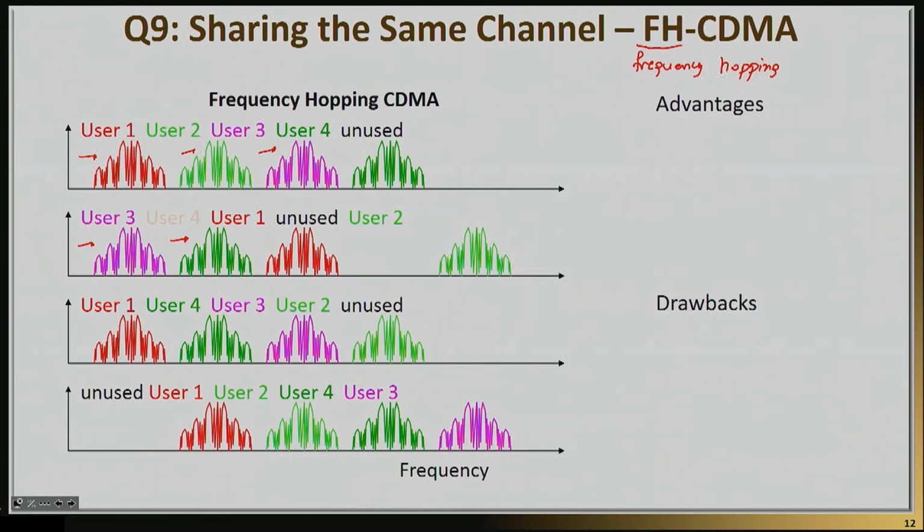Many of the advantages and drawbacks are actually similar to what we discussed before. The main additional advantage of the frequency hopping is the near-far effect is not there. And that should be obvious since the FDMA does not suffer from that. The obvious drawback is that you need very precise timing.